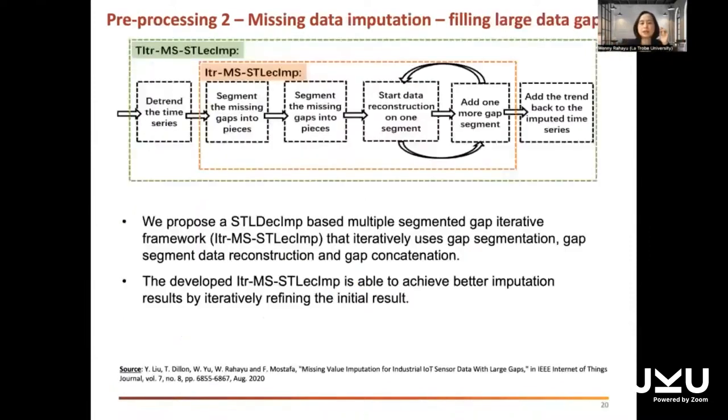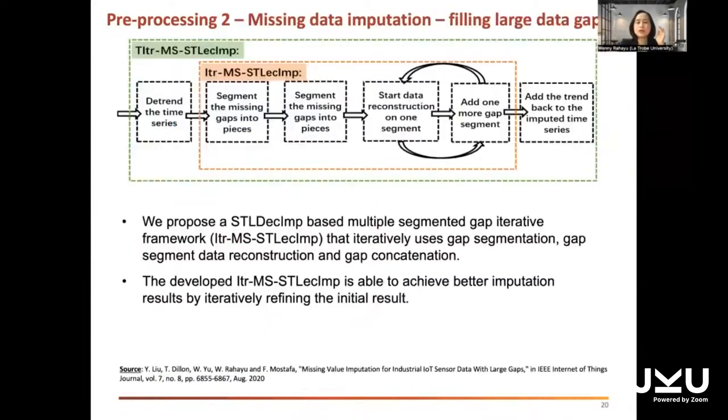So our technique uses a modified version of STL, which we call iterative gap segmentation, reconstruction and concatenation. How does it work? We divide the big gap into small segments. We do STL by reconstructing that small portion using the seasonal and trend decomposition. We construct that small gap, and then we start over again to construct the next gap.